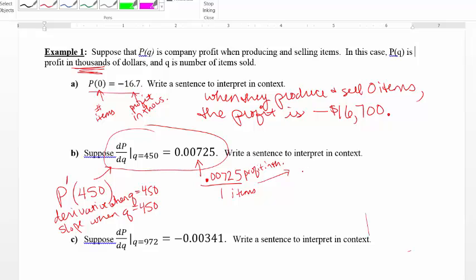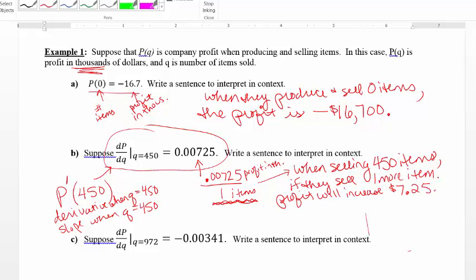In other words, right at that moment when they're selling 450 items, if they sell one more item, profit will increase $0.00725 thousand dollars, in other words, $7.25. Another way to phrase that is in terms of rate: when selling 450 items, profit is increasing at a rate of $7.25 per item.